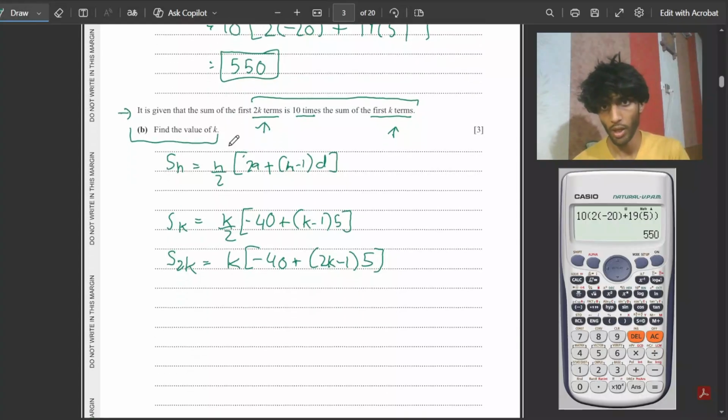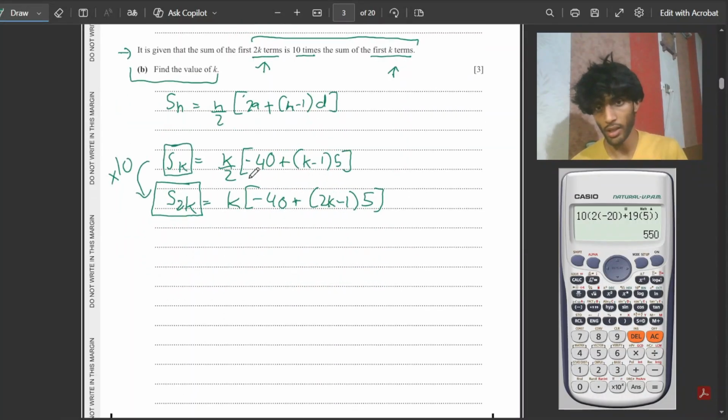The sum of the first 2k terms is 10 times greater than the sum of the first k terms. So in other words, they give you an equation: S2k is equal to 10 times Sk.